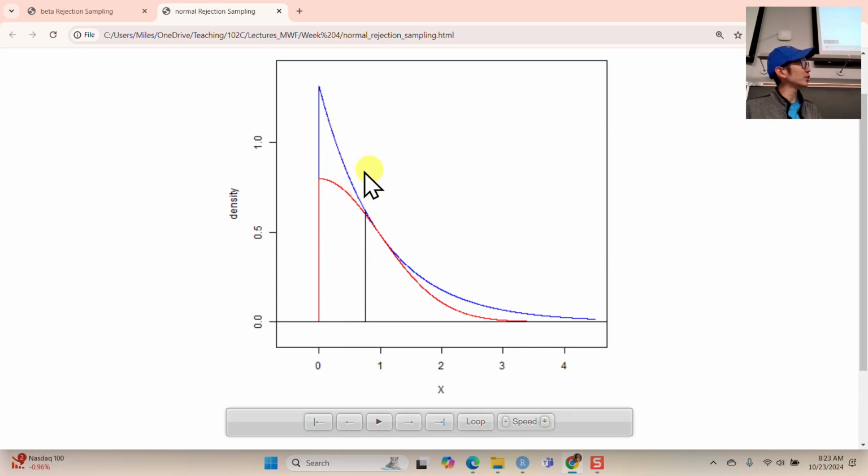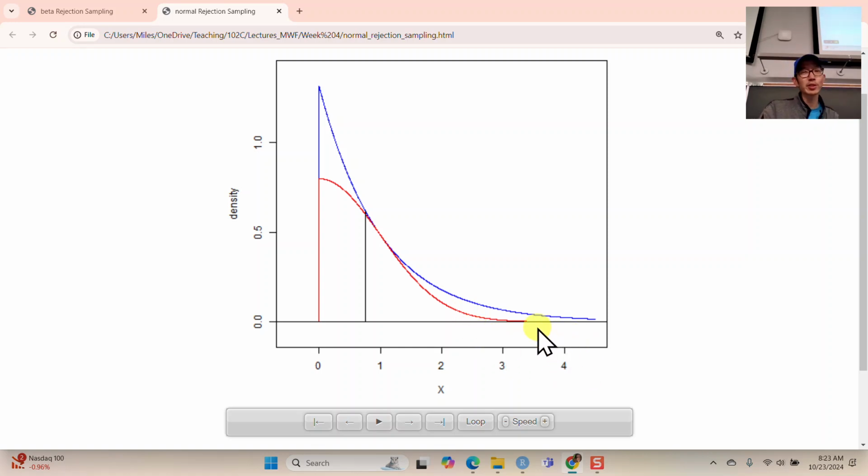On occasion, it will show up between 2, 3, and 4, but less so. Most of the time, this black line will propose values between 0 and 1. Sometimes it will propose values greater than 2, but less often.